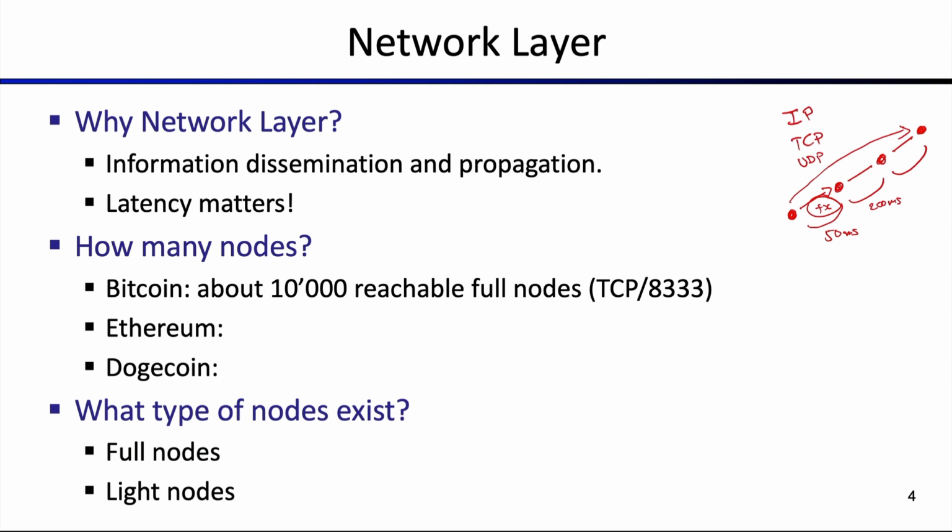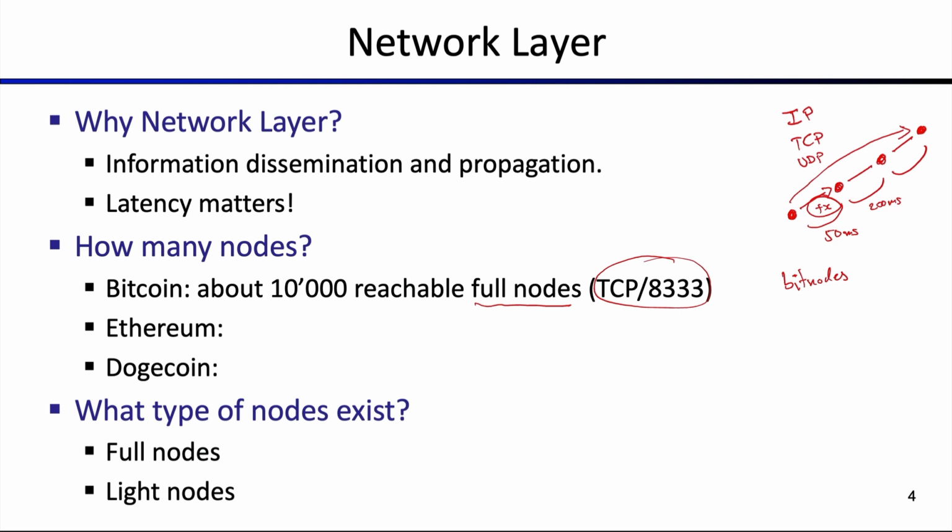Now you might ask, how many nodes are there really in these networks? If you look at Bitcoin, there's a beautiful website called BitNodes, where you can see a geographical distribution of the IP addresses of the full reachable nodes. When I say reachable, I mean nodes that have exposed the TCP port 8333, the default Bitcoin peer-to-peer port.